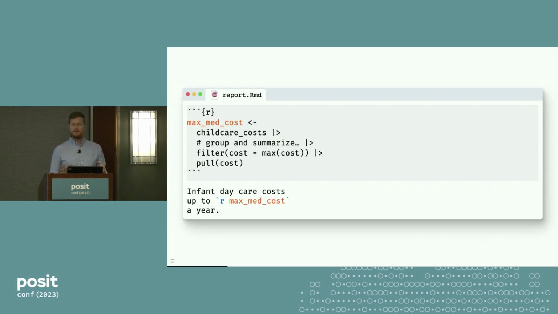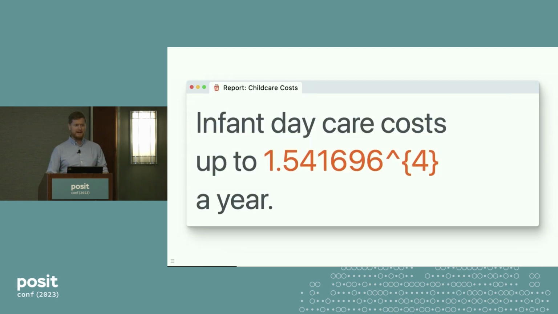That you can work with your data and also talk about it, summarize it, report on it, describe it to other people here in the same place. It's kind of like a source document for the report. And at some point you hit the render button and you get this amazing sentence.